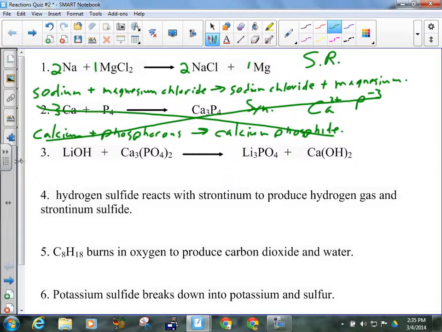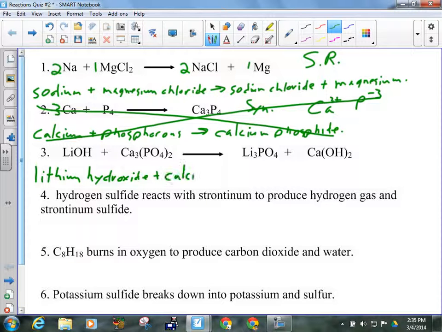All right. Number 3. We've got lithium hydroxide. Okay? So written out in words here. Lithium hydroxide is reacting with calcium phosphate to give us lithium phosphate plus calcium hydroxide.